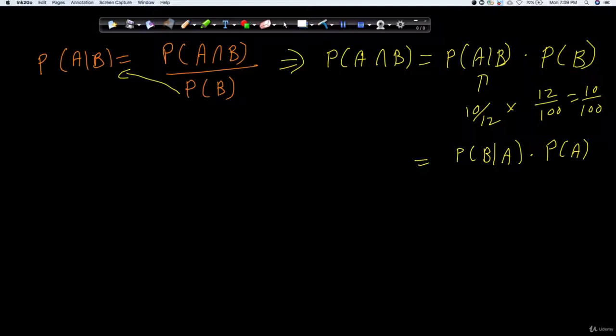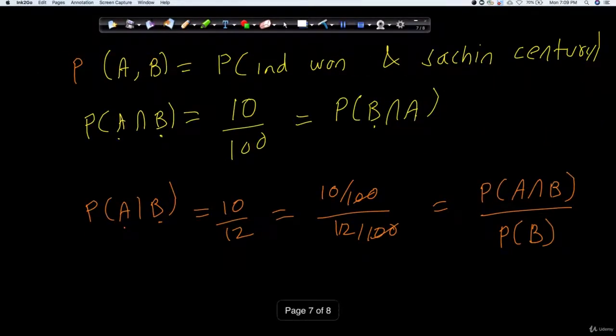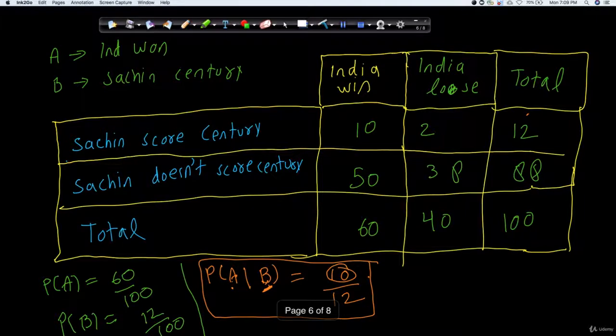Probability of B given A means the probability that Sachin scores a century given that India won. This is going to be 10 divided by 60. I would strongly recommend you go and check that. Given India won, I need to look at the sample space of A. Sample space of A is India won.